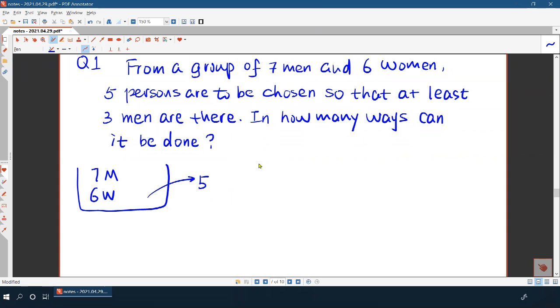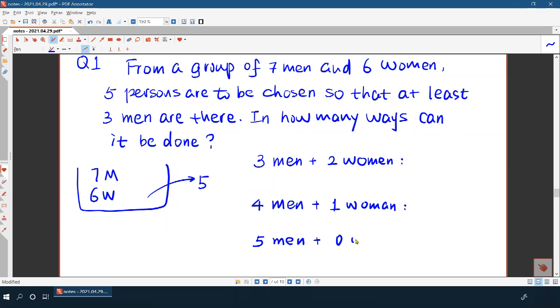So this means we can have 3 men plus 2 women, or 4 men plus 1 woman, or 5 men plus 0 women, right? There are 3 options.